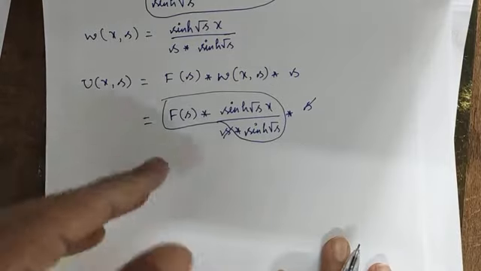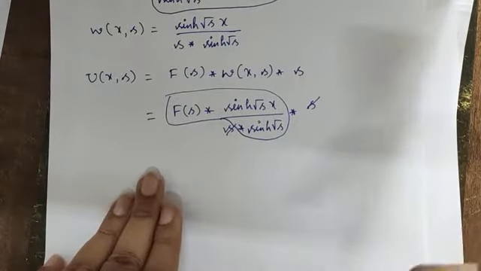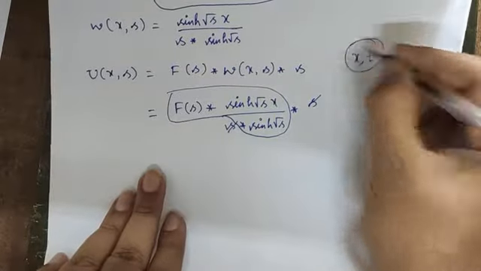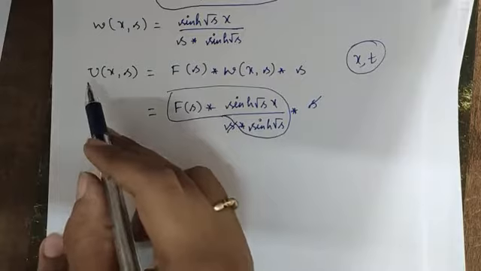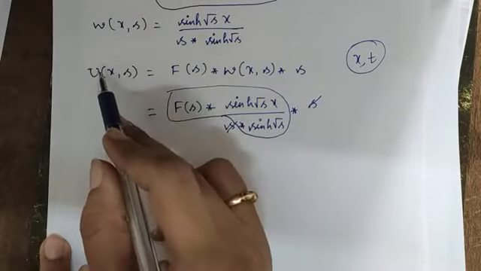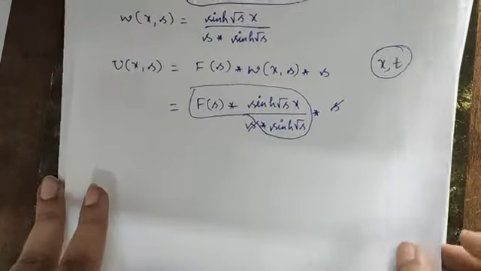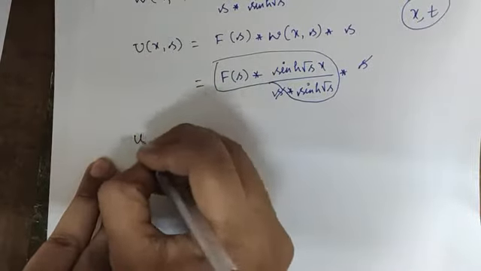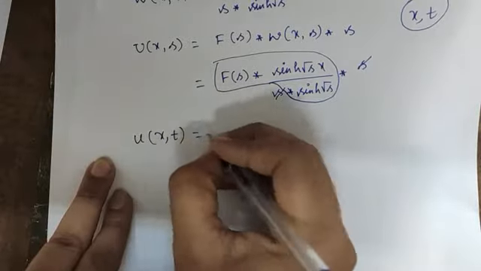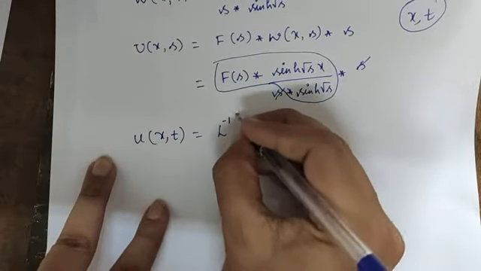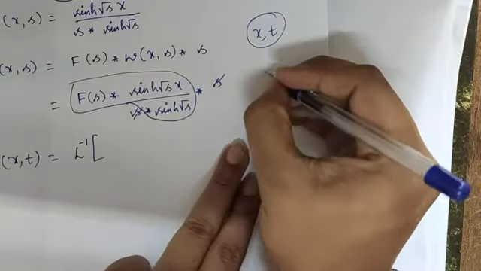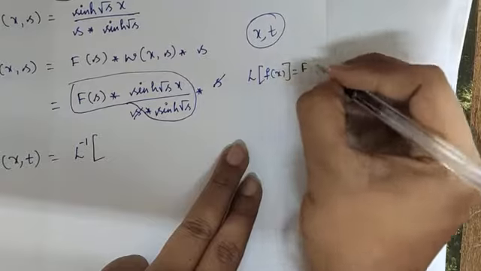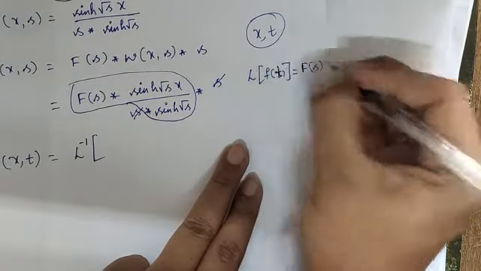Now what I should do is find the solution in terms of x and t. For that, I should apply inverse Laplace transform to this equation. If I apply inverse Laplace transform, I will get u of x comma t as Laplace inverse of, Laplace of f of t is F of s. Sorry, f of t is F of s.